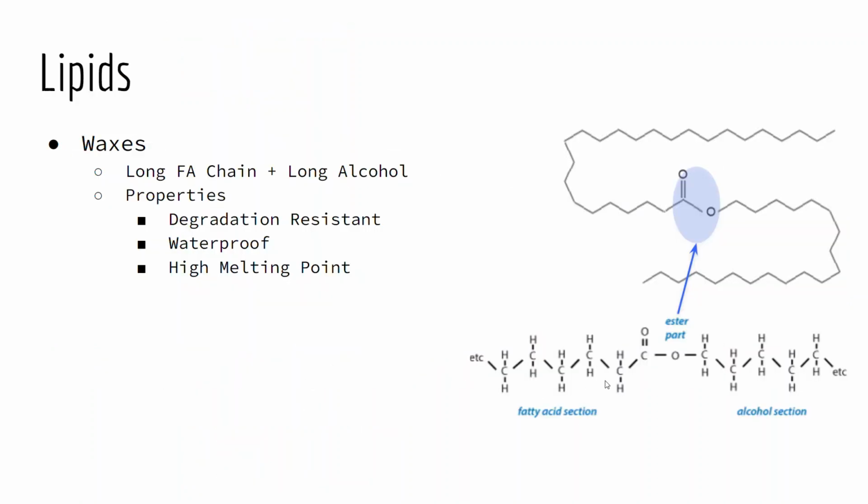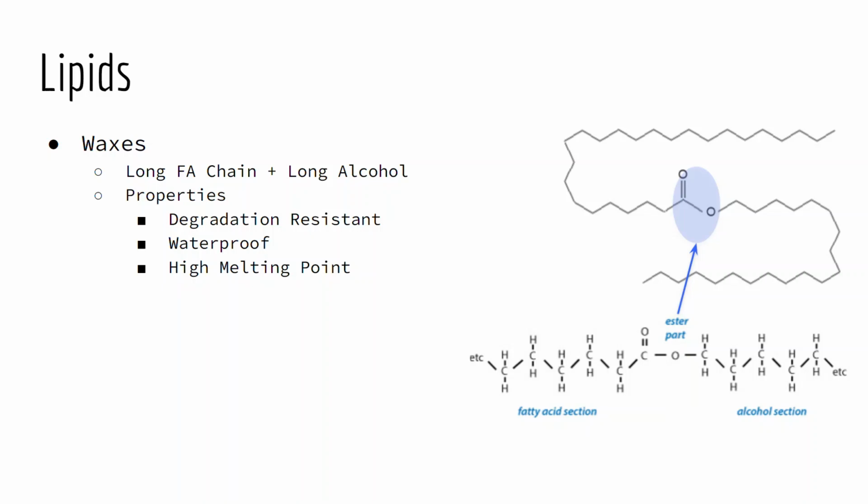The next type of lipids are called waxes. Waxes are made out of a long fatty acid chain linked with a long alcohol chain. And alcohol here is not what you think it is. It's not your drinking alcohol or anything.